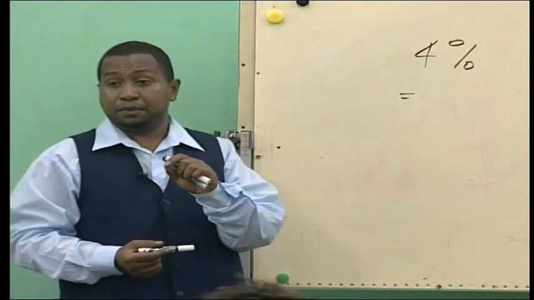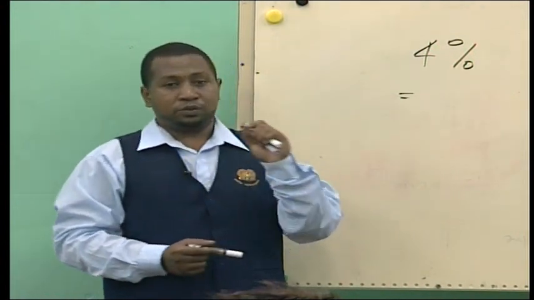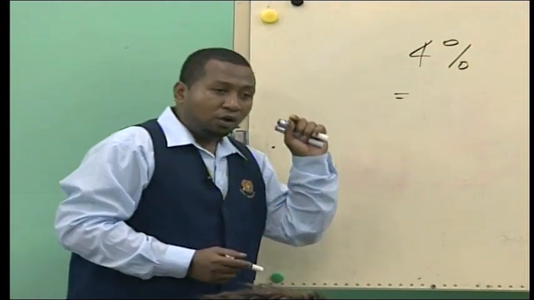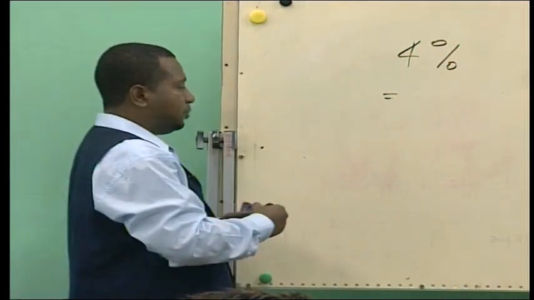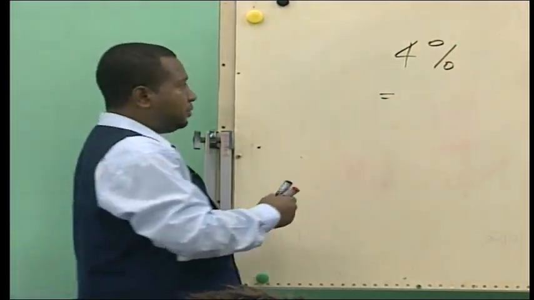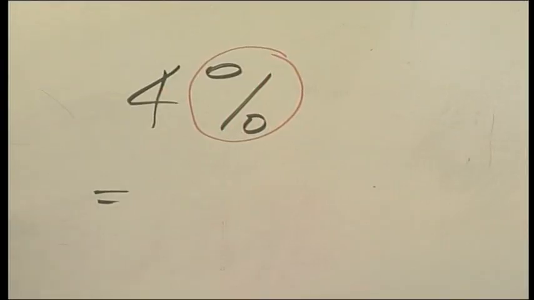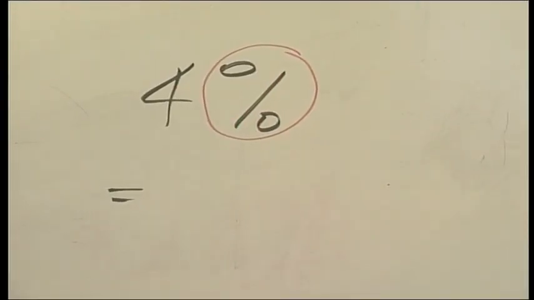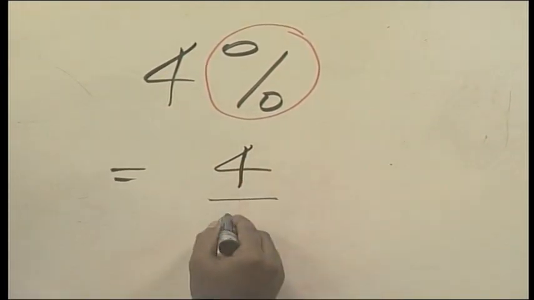Remember our step? We said when we are changing a percentage to a fraction, always our common denominator will be 100. Because of what? Because of the percentage sign. So this percentage sign simply means it's 4 over 100.